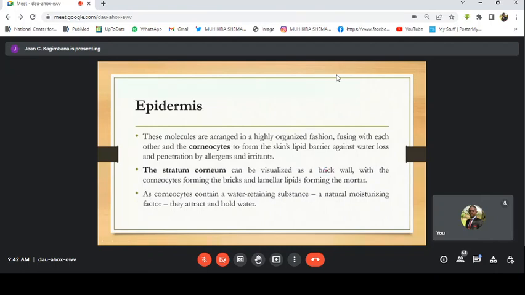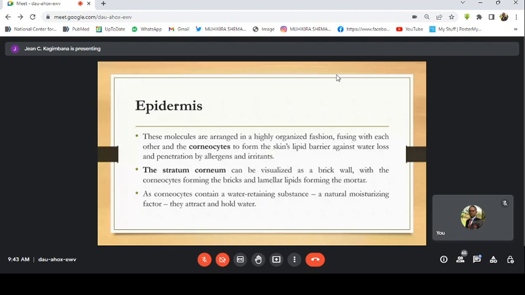It contains as well water-retaining substances. That's why they attract and hold water, which means in some conditions like eczema, this stratum corneum is a bit not functional because it's a bit disrupted because of scratching, okay?